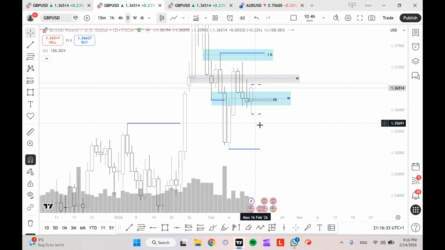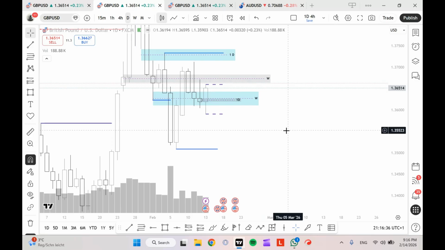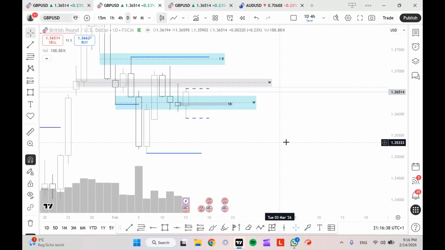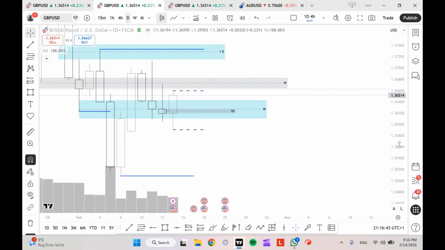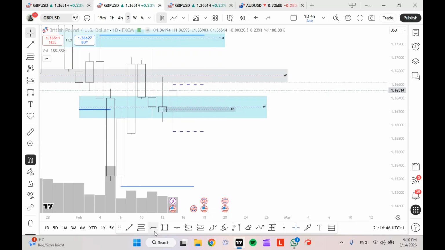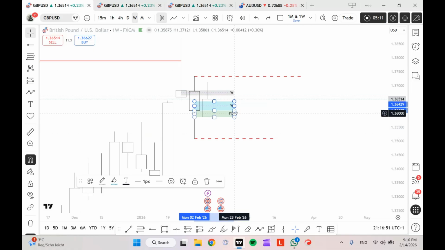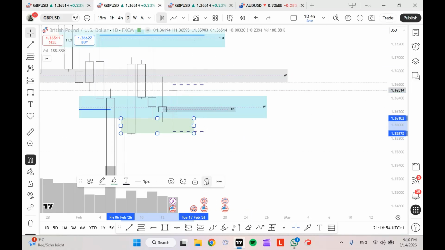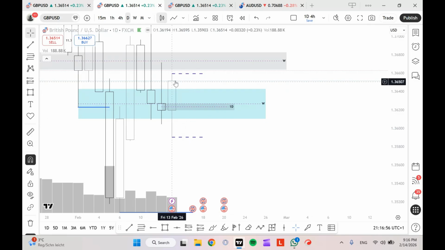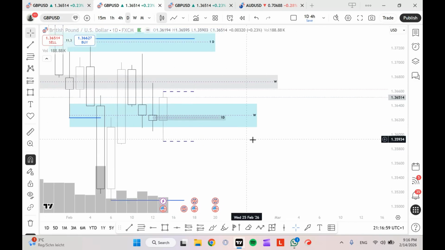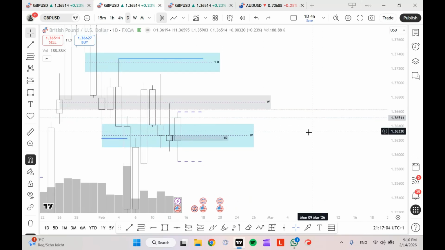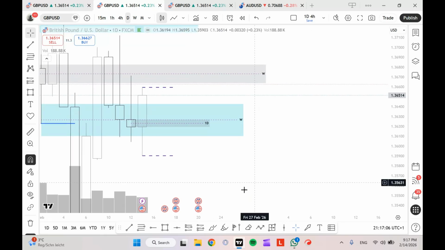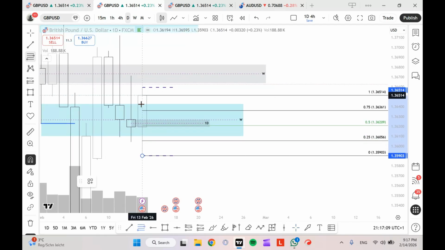Keeping it on daily, I see that the daily reacted strongly from this gap. So it's very possible that at least Monday is going to keep going higher, but it depends on where it's going to push from.